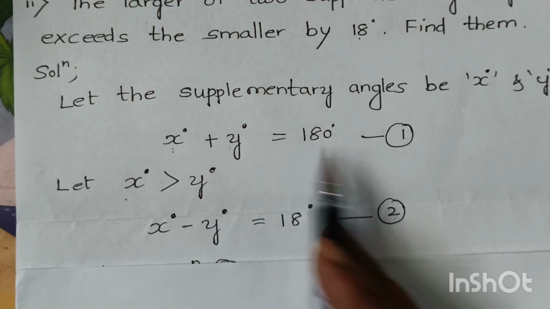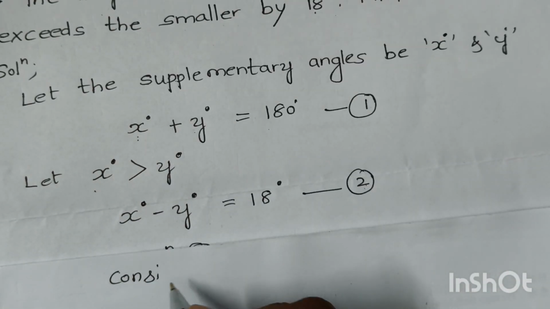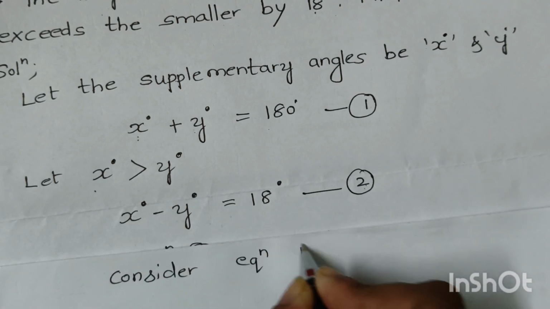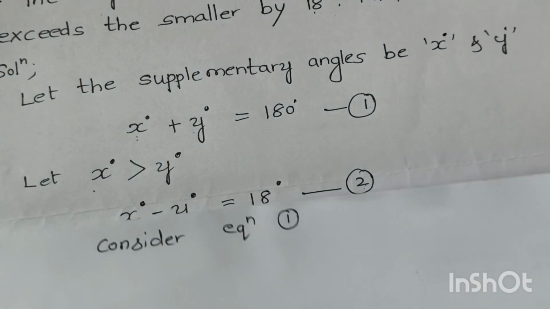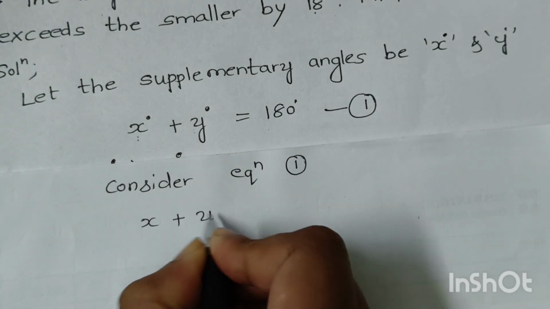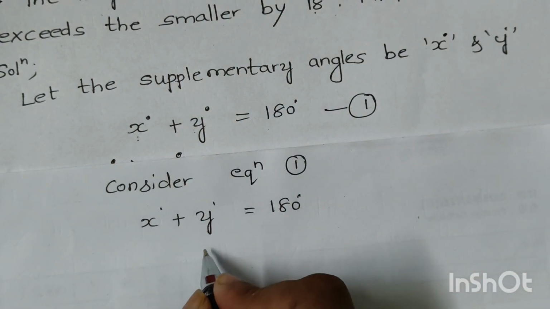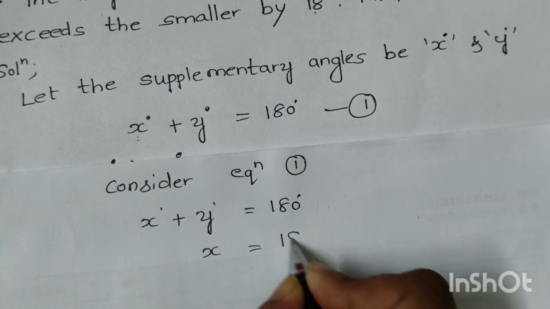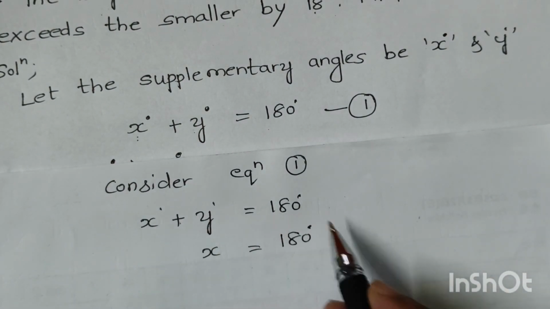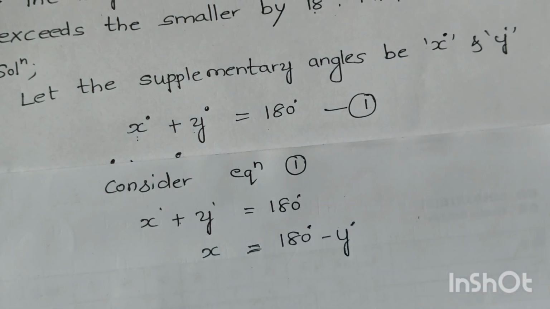Now let us consider equation 1, that is x plus y is equal to 180 degrees. Now x is equal to 180 degrees minus y, because when it crosses the equal to sign, it becomes minus y.